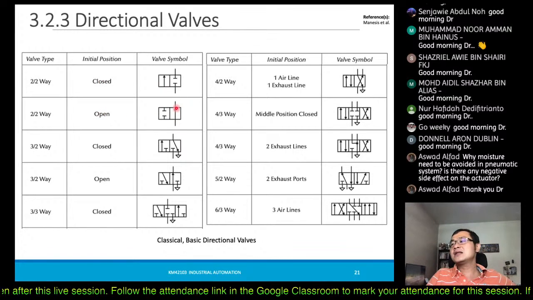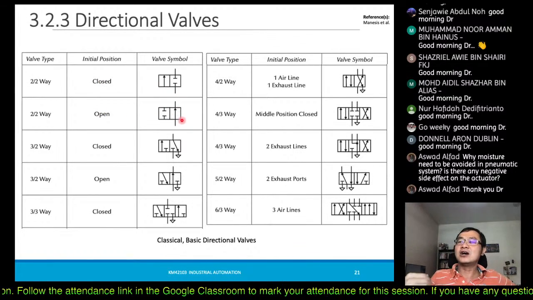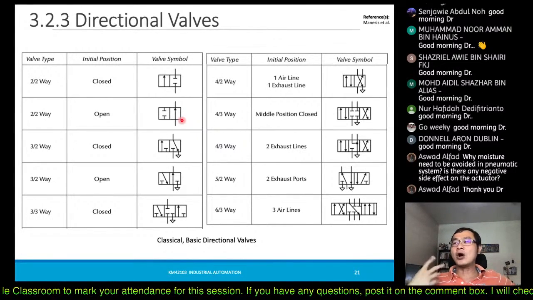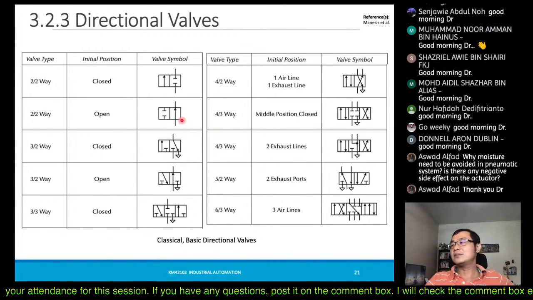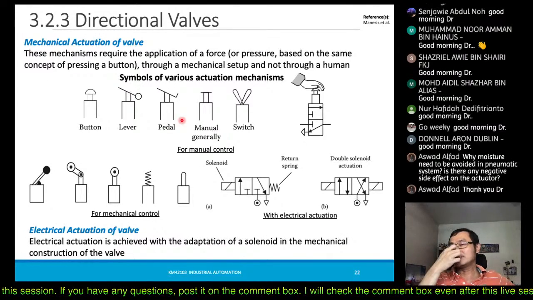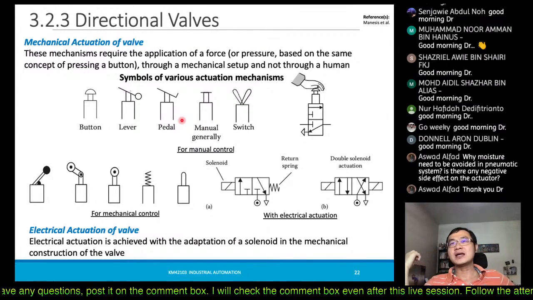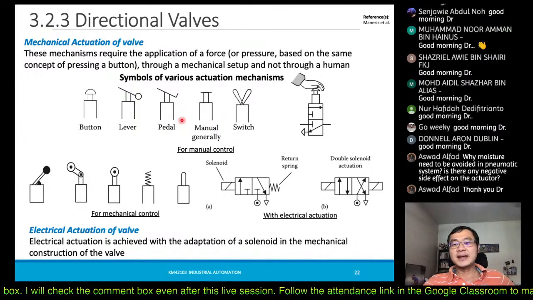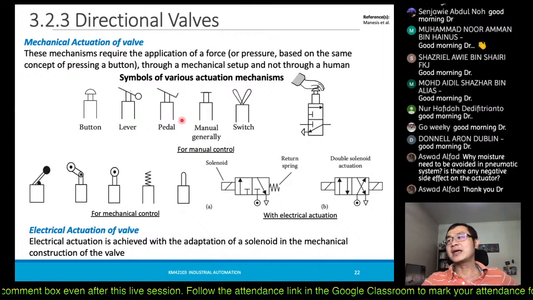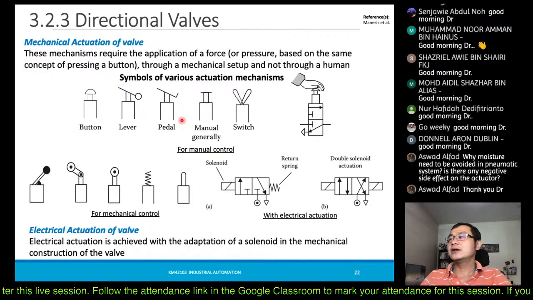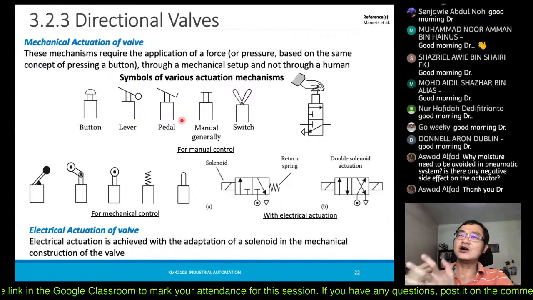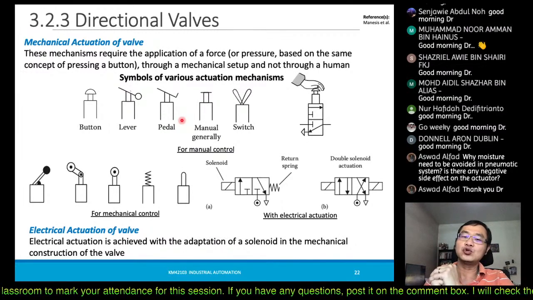Or in this way, it means in the initial state it is normally open, right? So that is the idea behind it, right? By that you should be able to interpret or read this kind of pneumatic diagram, okay, and understand the flow of it, right?